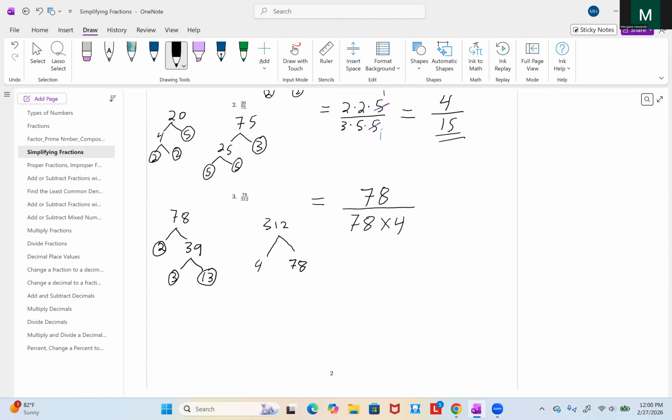So that's it. We don't need to break the numbers down all the way to their prime factors. Now, 78 is a common factor to the numerator and the denominator. So we replace the 78 by 1 and then multiply the remaining factors. So we have a 1 in the numerator and in the denominator 1 times 4 is 4. So simplified, 78 over 312 is 1 over 4.